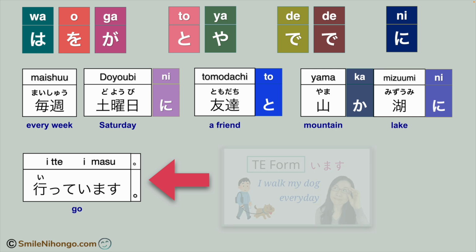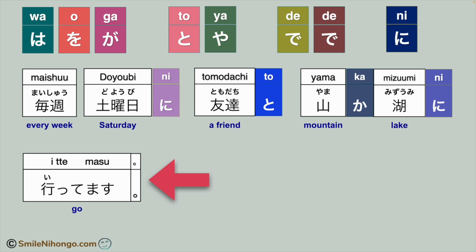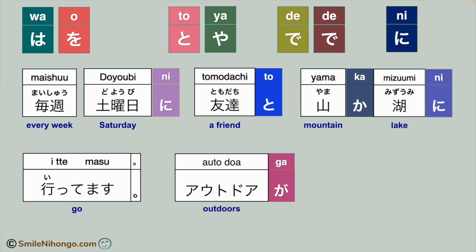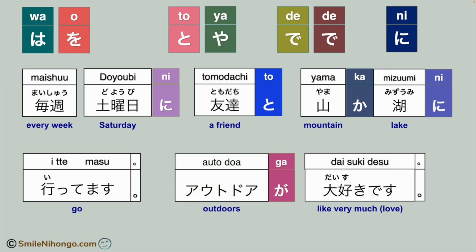One more thing that I want to point out. In spoken language, this い in ています is often dropped, and the Japanese people usually say 行ってます instead of 行っています。So I'm going to use this version in this lesson. Let's continue with another sentence. アウトドアが大好きです。I love the outdoors or I love outdoor activities.